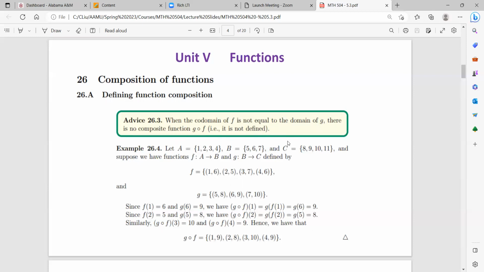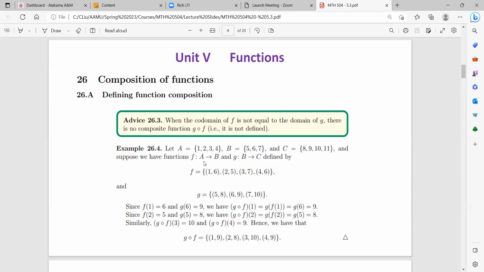We have three sets A, B, and C. Take a look at it again, and then use the formal definition of composition to see what G composed F is. A has 4 numbers, 1, 2, 3, 4. B has 3 numbers, 5, 6, 7. C has 4 numbers, 8, 9, 10, 11.